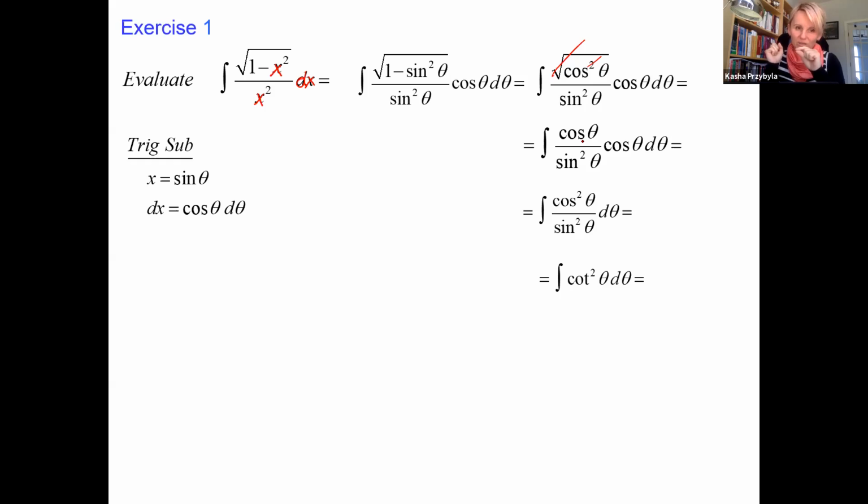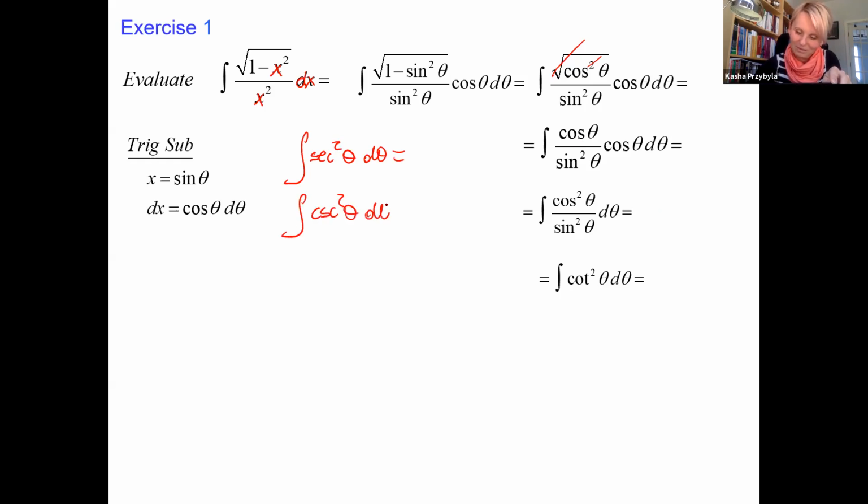What function has the derivative cotangent squared? Or maybe we don't know. Oh, no. We know secant squared. We know this function, and we know this function.